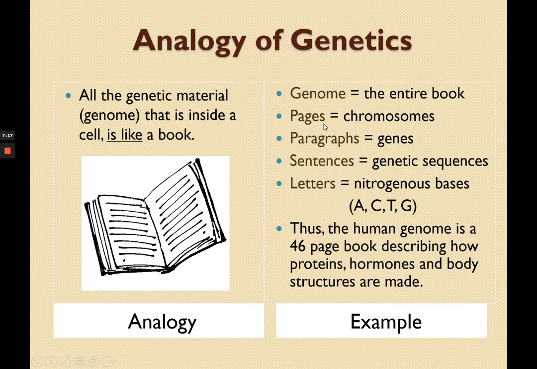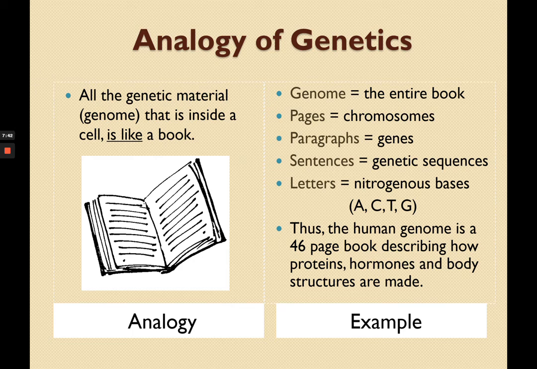When you start to dissect all the various parts of the book, this is how we can compare the different components of genetics to a book. The pages represent the chromosomes. So for a human book, it would have 46 pages because there are 46 chromosomes.